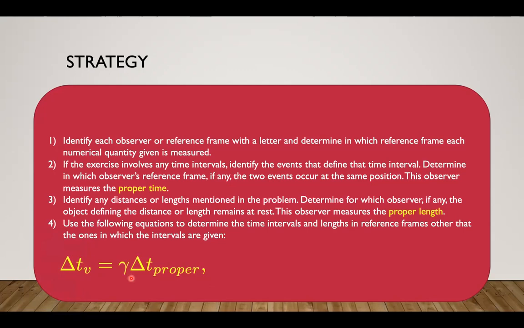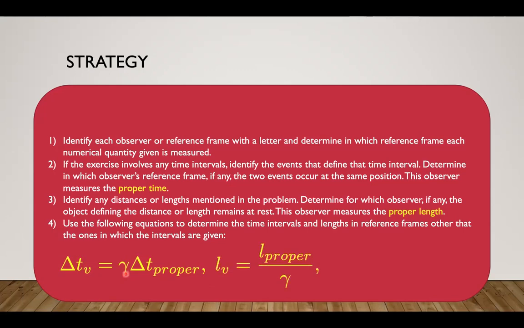That means that if in the proper time something was happening in a time interval of 1 second, and the speed is fast enough that gamma is not 1, then the time interval is going to be increasing significantly. That makes sense, right? That's what this gamma is doing.